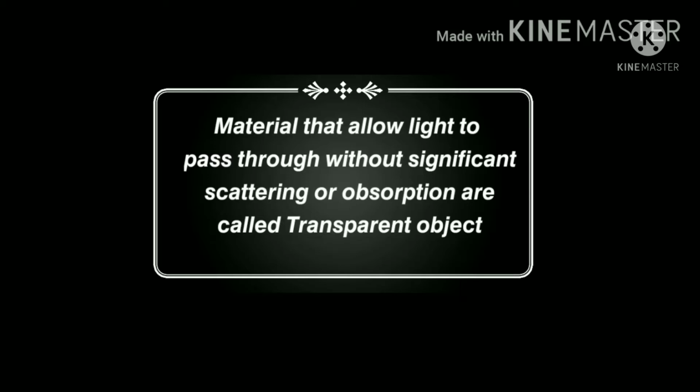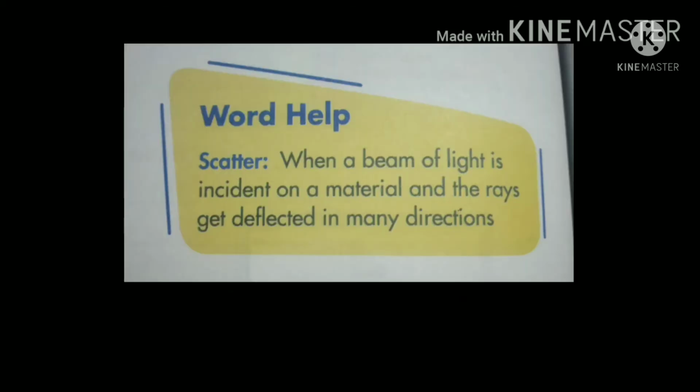Scattering means when a beam of light is incident on a material and the rays get deflected in many directions. That means we can see, when sun rays touch the water, the rays will be deflected, isn't it?